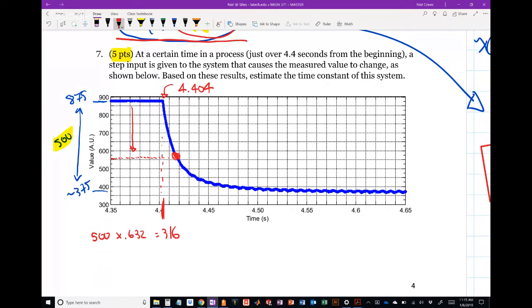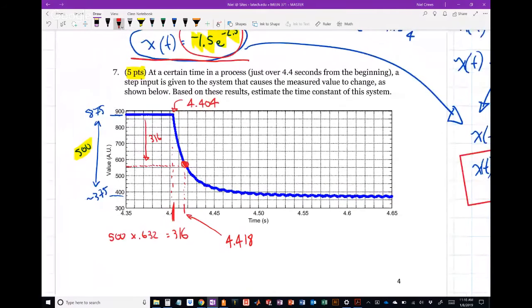There. So 875 down 316 gives us that point. Okay, and so our time constant is going to be this time minus that time. I estimated that to be, just again eyeballing it with my pencil, 4.418.